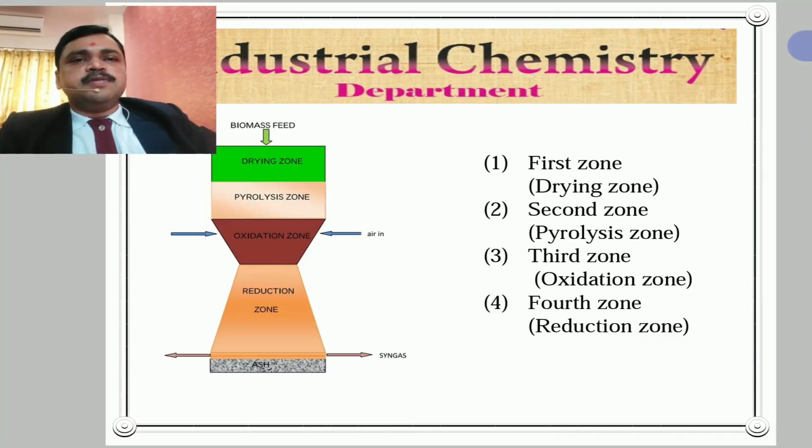Different types of zones of the gasifier are described here. Number one is the first zone, also known as the drying zone because drying takes place in this zone. Second is the pyrolysis zone, because the pyrolysis process takes place here.